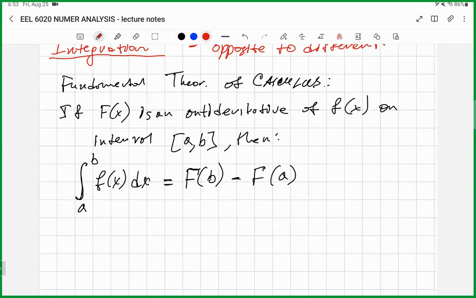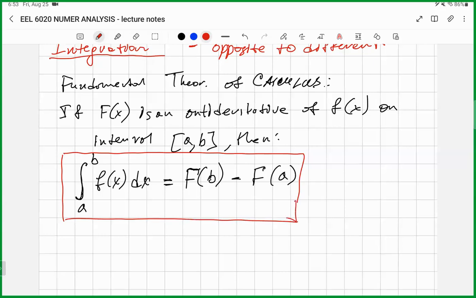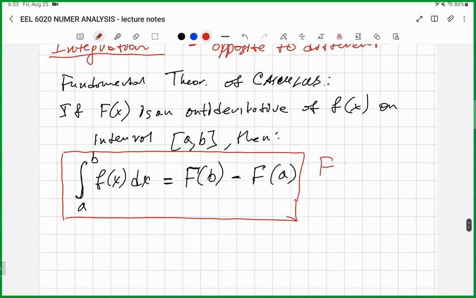This bears the name of the fundamental theorem of calculus. It says that the integral is the opposite operation to differentiation, right.